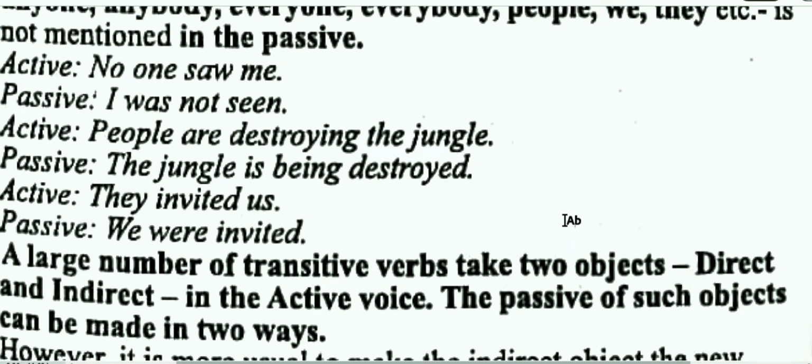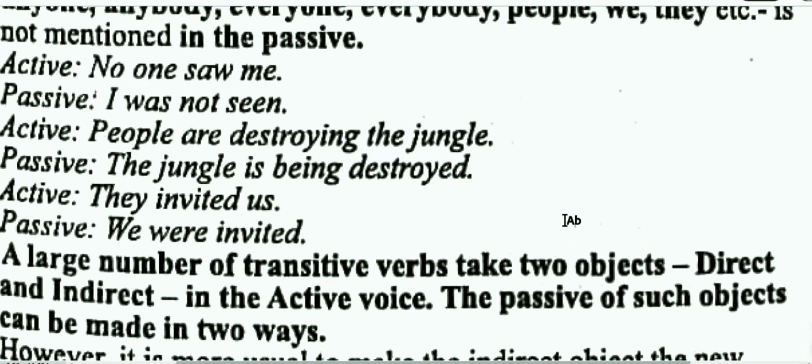The structure of present continuous passive is object plus is/am/are plus being plus V3 plus by plus subject. But here, as people is not clearly known, we don't mention by people. We don't write by people. So only destroyed.